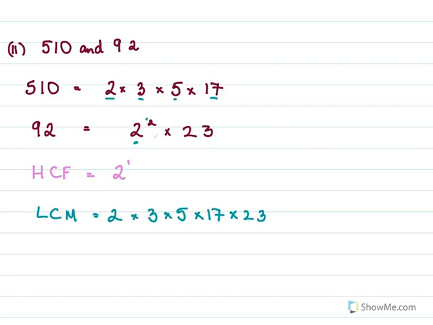Of 2, the highest power is out here, 2 raised to 2, so we put 2 here. 3, the highest power is 1. 5, the highest power. 17, 23, highest power is 1. So here the LCM works out as 23460.